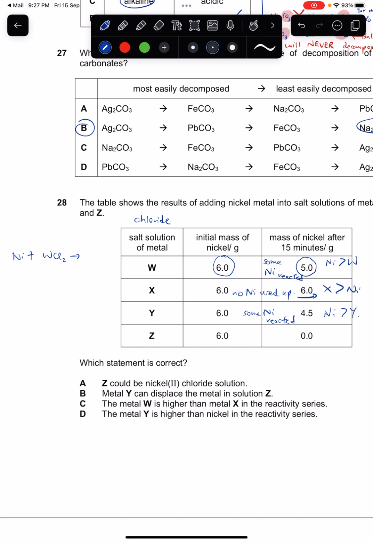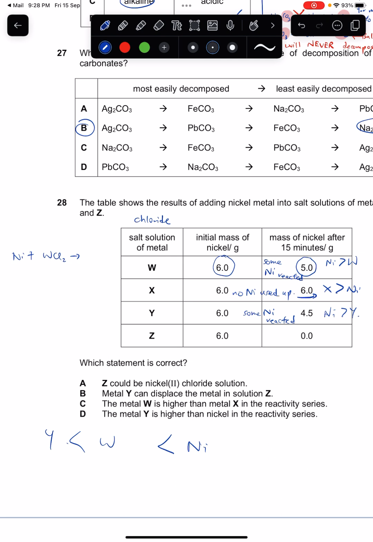So what does it tell you about reactivity? It tells you that nickel is more reactive than Y and is more reactive than W. Oh, oops, I wrote wrongly. Y is less reactive.